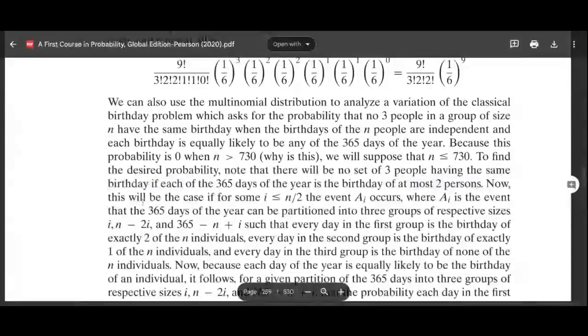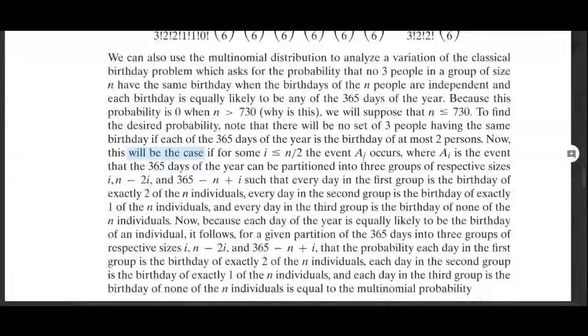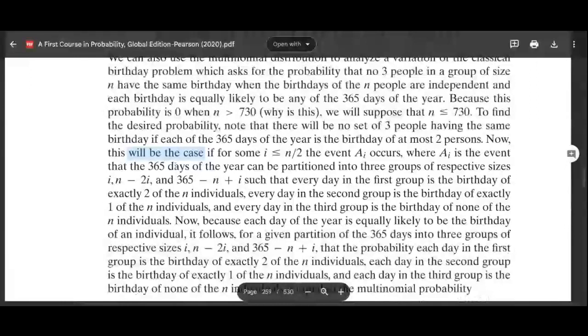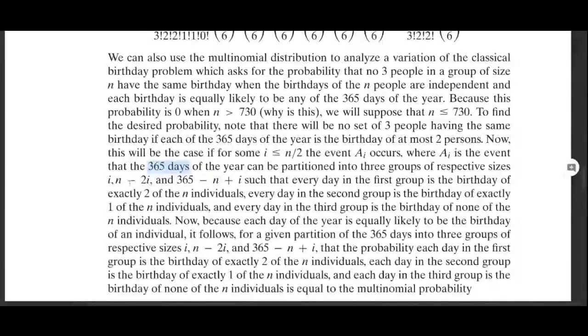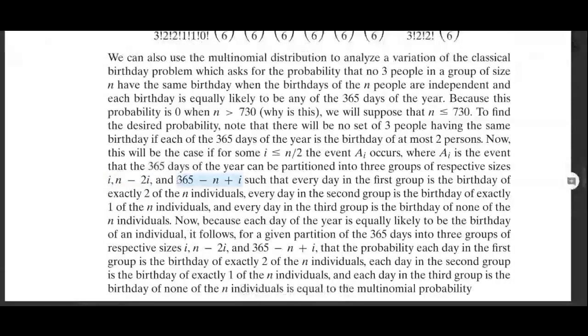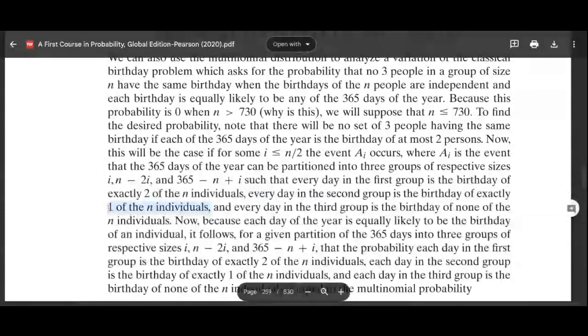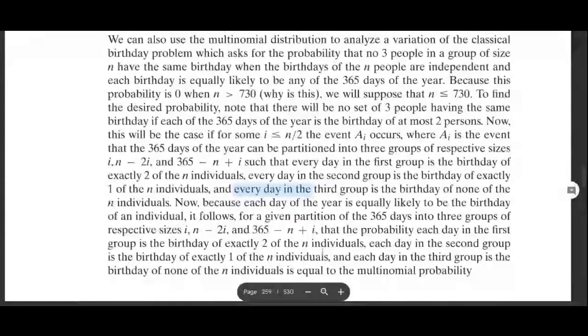Now, this will be the case if for any i less than or equal to n divided by 2, the event Ai occurs, where Ai is the event that the 365 days of the year can be partitioned into 3 groups of respective size i, n minus 2i, and 365 minus n minus i, such that every day in the first group is the birthday of exactly 2 of the individuals, every day in the second group is the birthday of exactly 1 of the n individuals, and every day in the third group is the birthday of none of the n individuals.